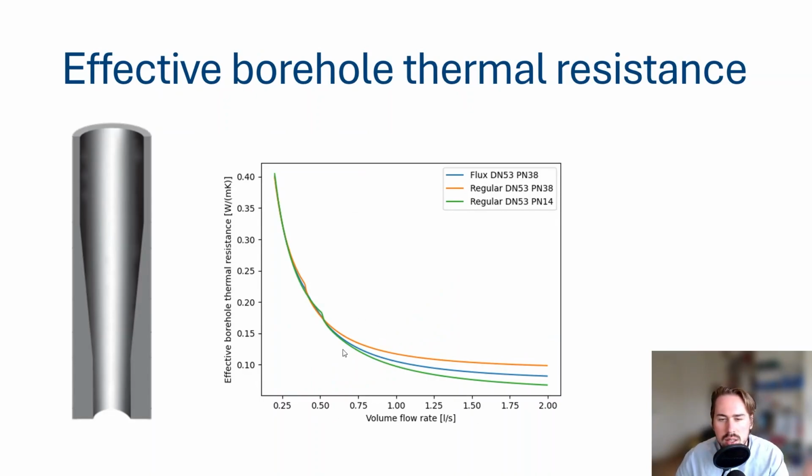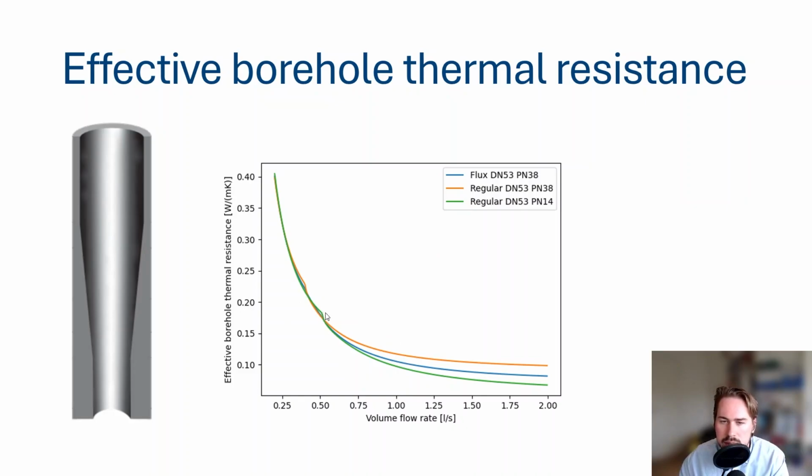What you see here is basically just a line going down where we have a laminar zone and then a turbulent zone. Now what you can see is we have a first kink in the graph of the regular PN38. Why? That's when its turbulence begins. So it's laminar and then it transitions and we end up in a turbulent state.